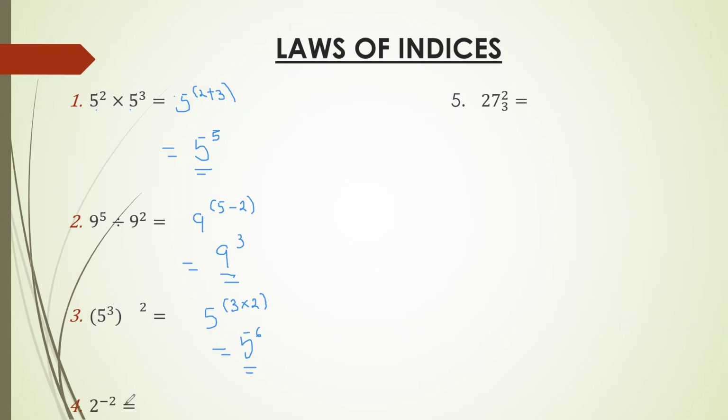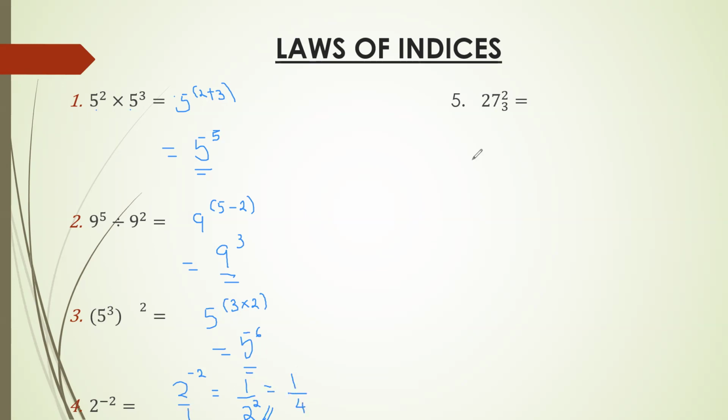And the other rule we said, if your power is negative, what do you do? You reciprocate. For example, 2 power negative 2. Remember underneath there is 1. So you do the reciprocal, the 1 goes up and the 2 goes down, but the power becomes positive. So we have 1 over 2 power 2, which is just equivalent to 1 over 4.